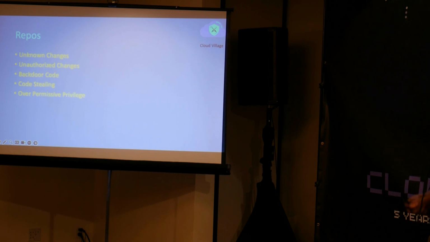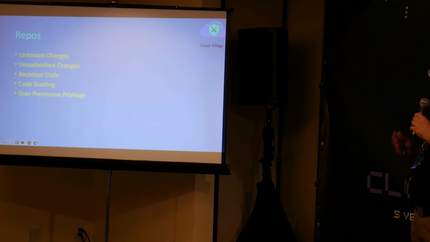Also, we want to avoid introducing backdoor code or stealing code from the repository, or just having over permissive privileges, because I saw sometimes that companies have the policy that all the developers will have read access, so they will be able to read and access all the repositories.